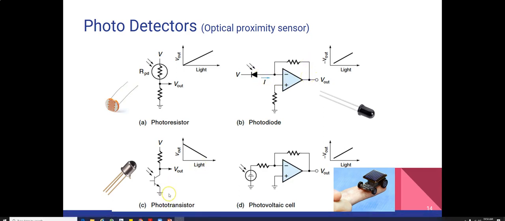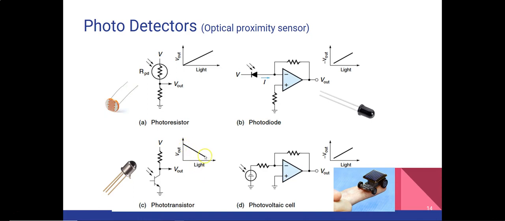Now the third is the phototransistor. Here you can see the circuit, and this is the real picture of a phototransistor, and you can see what the graph looks like for this particular phototransistor, which shows the relationship between the light and the output voltage.